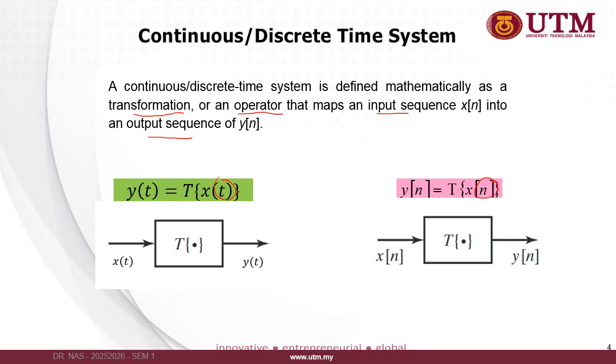If you have an input signal x(t), the signal is transmitted into a system, so the signal is processed or transformed, the capital T represents the transformation. Then the output is generated. The same goes for the discrete time system.